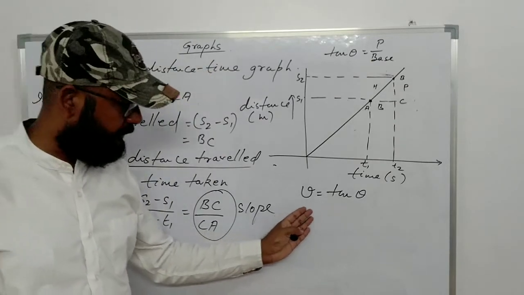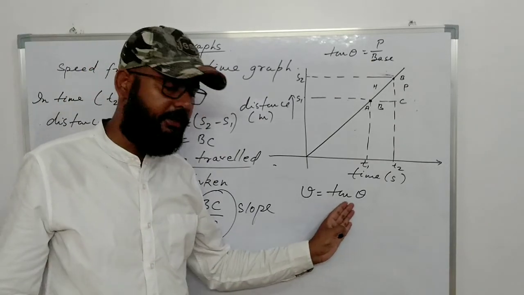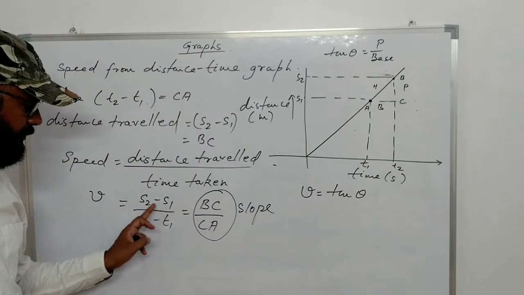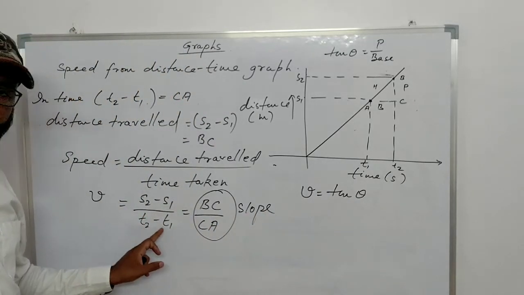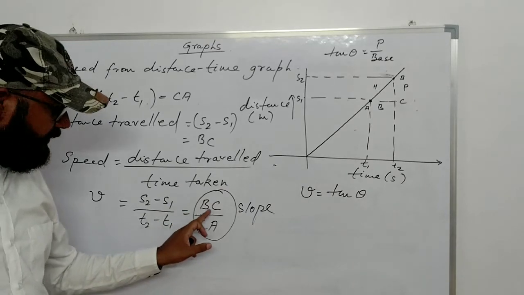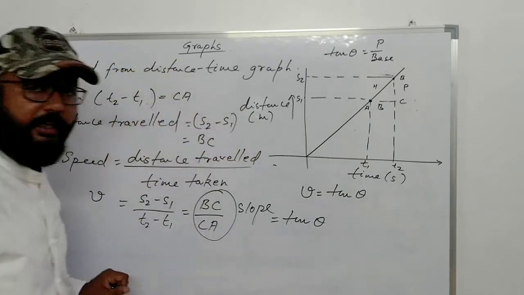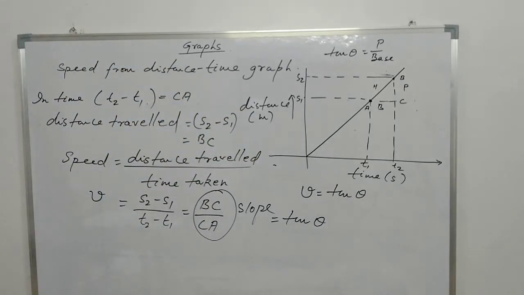In some books it is written that V is equal to tan theta also, or V is equal to S2 minus S1 upon T2 minus T1, which is equal to BC upon CA, which is equal to tan theta. Got it? I hope you got it.